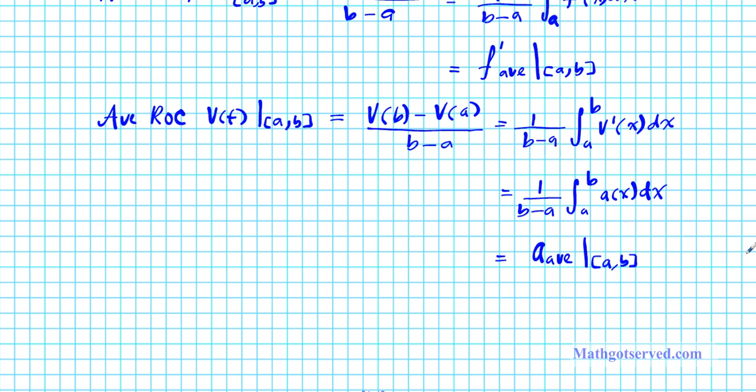So let's go ahead and do the problem. For part A, we're looking for a average from 2 all the way to 8. Let me make use of variables first to get the simplified form of the formula I'm going to be using.